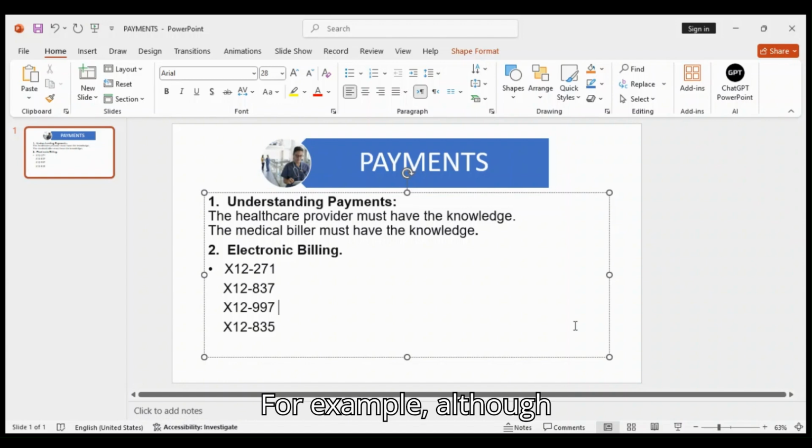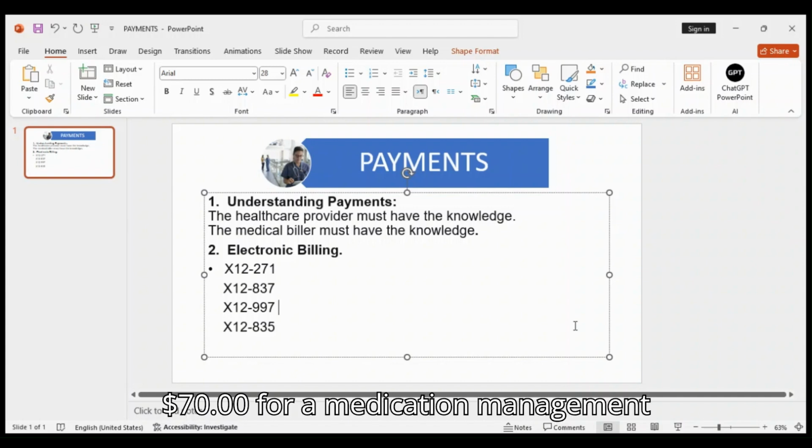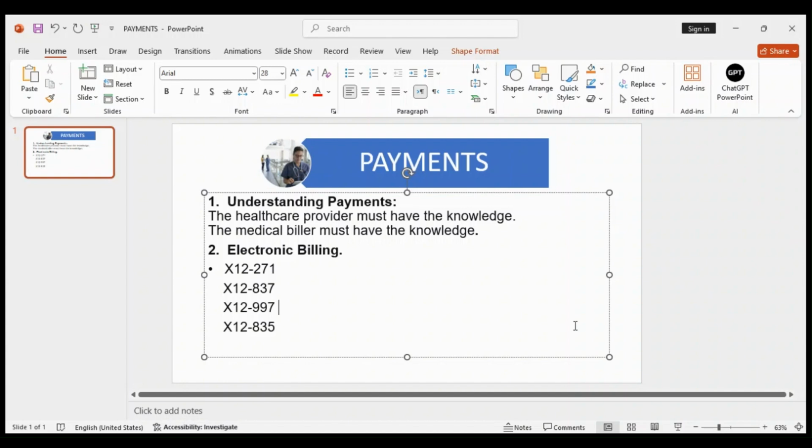For example, although a psychiatrist may charge $70 for a medication management session, the insurance may only allow $40. And so, a $30 reduction known as provider write-off or contractual adjustment will be assessed after payment has been made.